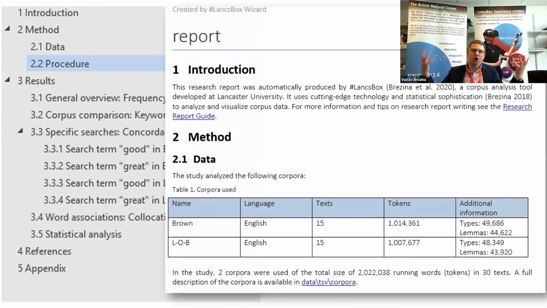So it starts with an introduction, method, split into data and procedure, where it highlights the data in tables, but also describes the tables, what's inside of the tables, and summarizes the tables in an intelligent fashion.